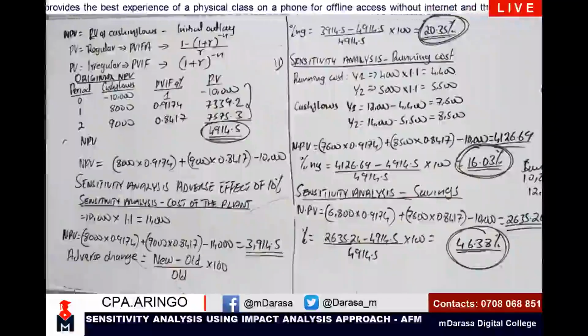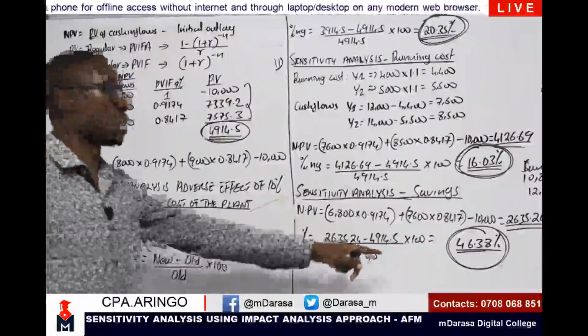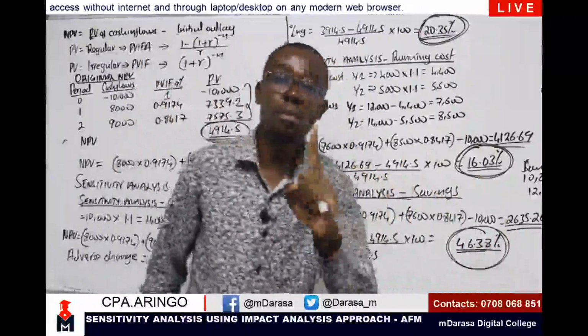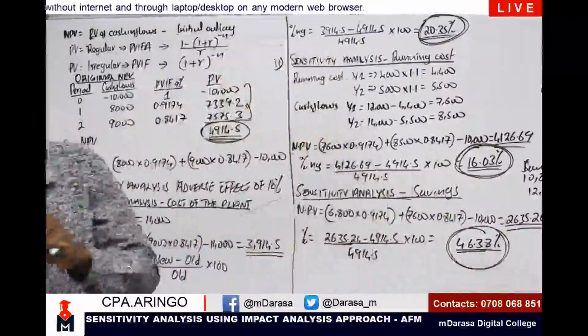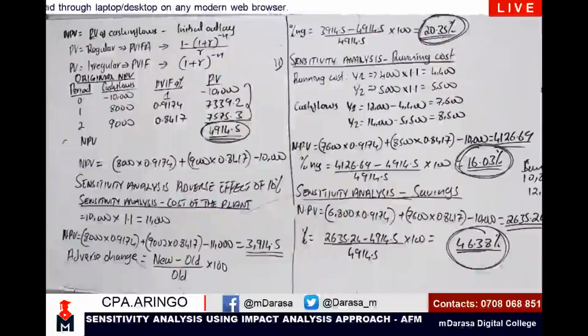If our savings are reduced by 10%, or adversely affected by 10%, then savings is the most sensitive factor here, because you'll find that it has the highest impact.